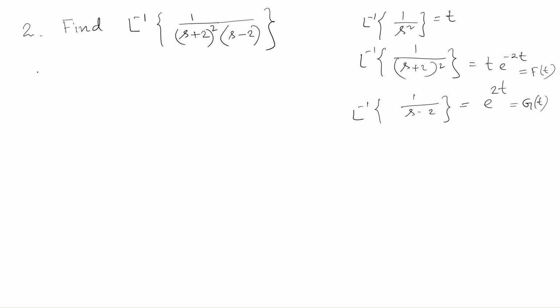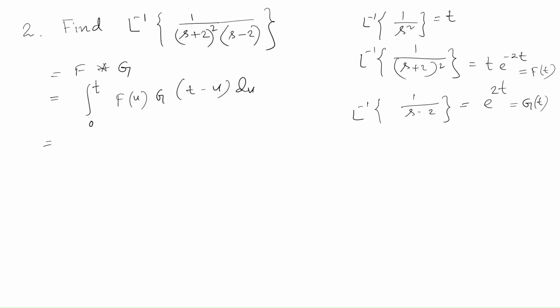Now, using the convolution theorem, we will have L inverse of 1 by (s plus 2) whole square multiplied by (s minus 2) is f star g, which is equal to integration 0 to t f of u g of t minus u du.